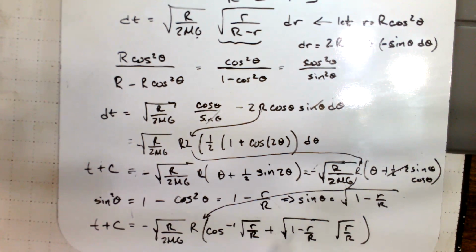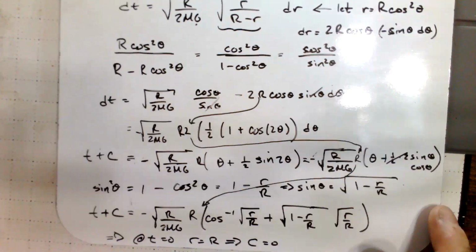And then we can apply the initial conditions. If we plug in r equals R, for example, this is going to give me 0, this will give me 0, so that at t equals 0, C is equal to 0. So this implies at t equals 0 with r equal to R, then C is equal to 0.